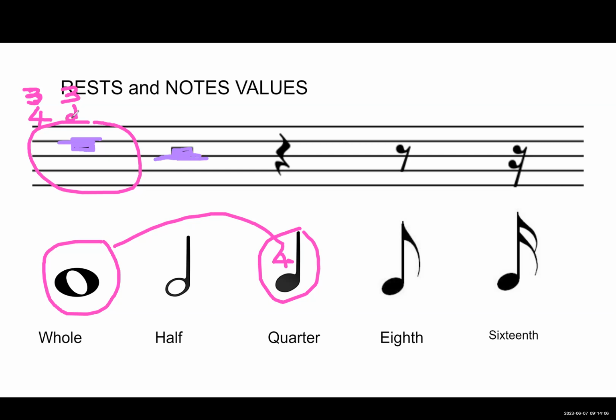This 4 at the bottom, any number at the bottom, represents only one of these notes. So you can guess number 4 represents this one. What do you think is a number that would represent this one, the half note?